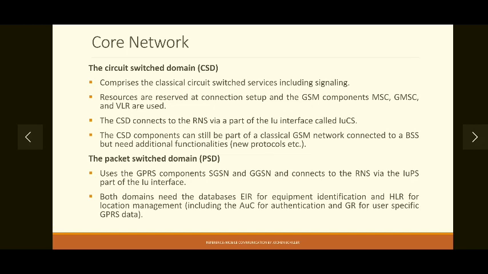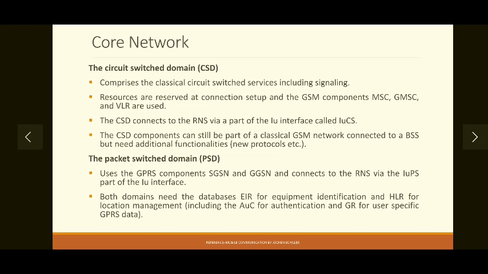So it includes connection setup and GSM components like MSC, GMSC, VLR. The CS domain connects to the radio network subsystem, which is a part of 3G, via the part of the Iu interface called IuCS, that is Iu for circuit switching. The CS domain components can still be part of the classical GSM network connected to BSS but need additional functionalities, that is new protocols. So what is IuCS?